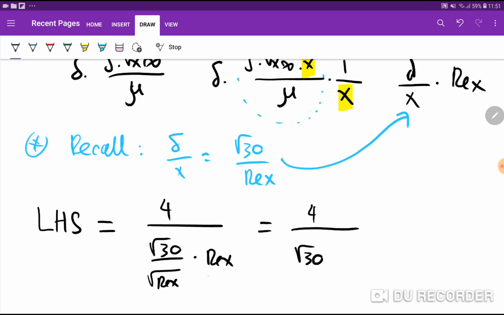A number divided by a square root, so it'd be the square root of Rex. So I'll rewrite it like this: 4 over the square root of 30, over the square root of Rex.